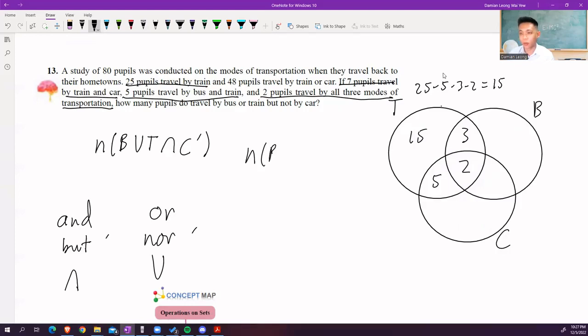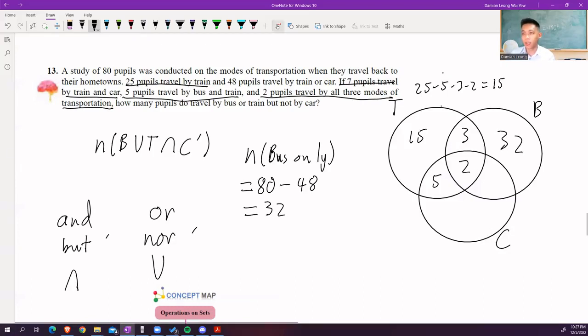The number of pupils who travel by bus only will be 80 pupils minus the 48 who travel by train or car, which is 32. So here is 32. Then I can find this.